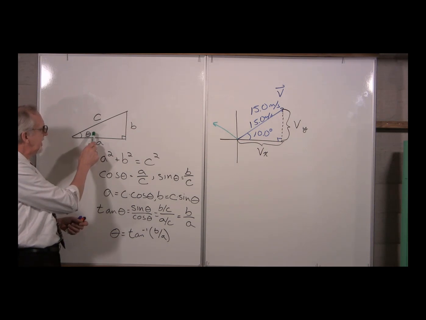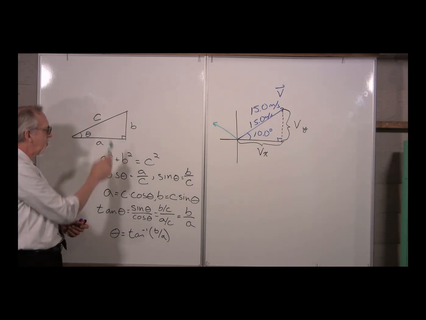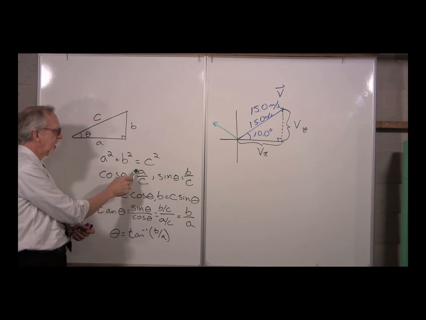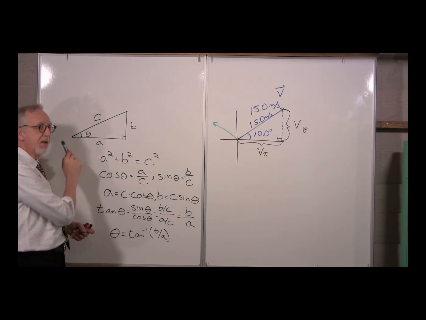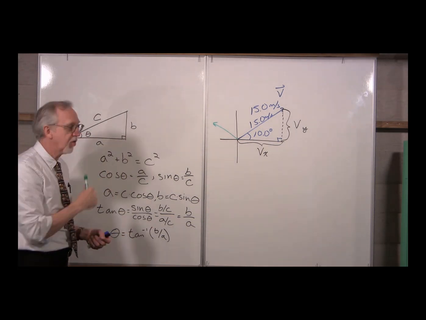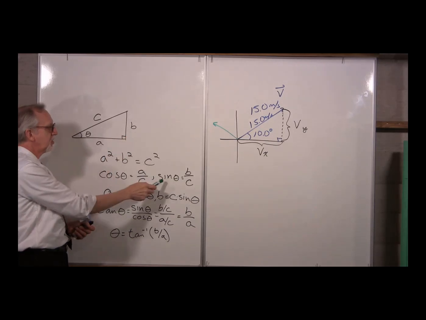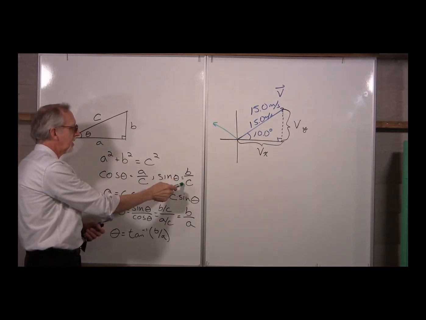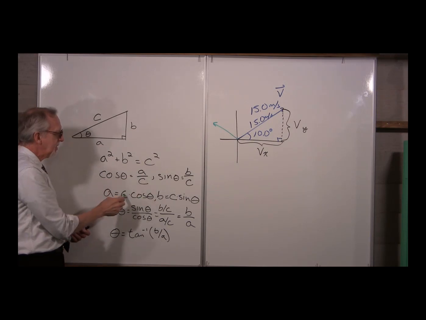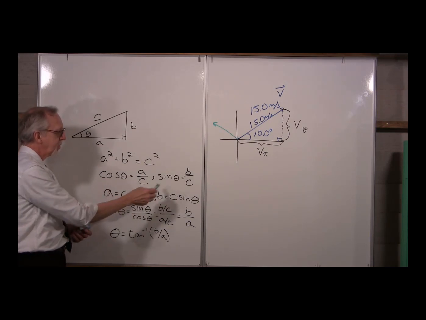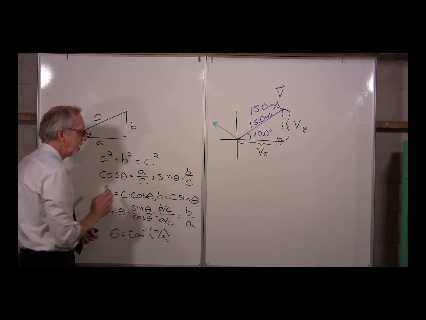The side adjacent to theta is A, so cos theta would be A over C. The sine of an angle is always the opposite side over the hypotenuse. The side that's opposite theta is B, so sine of theta is B over C. Multiplying by C, we have that A is C times cos theta. Multiplying by C, we have that B is C times sine theta.